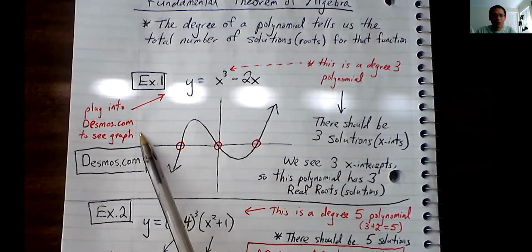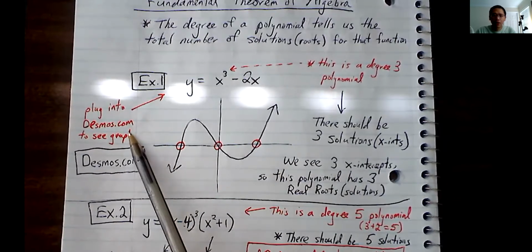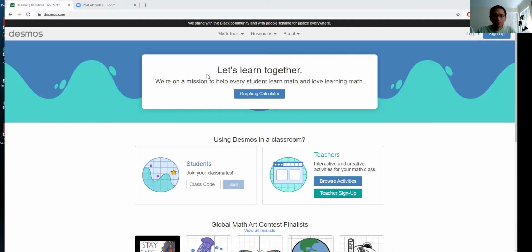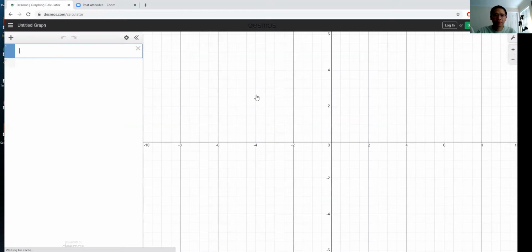I want to show you real quick how you can see a graph in Desmos. You may need to be able to see a graph in Desmos. So if you go to Desmos.com and then click on Graphing Calculator, now we're going to enter in x cubed minus 2x.